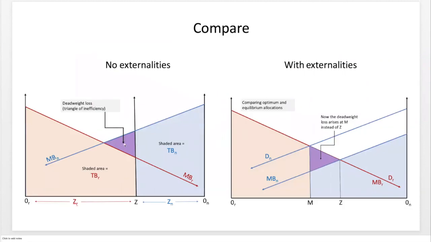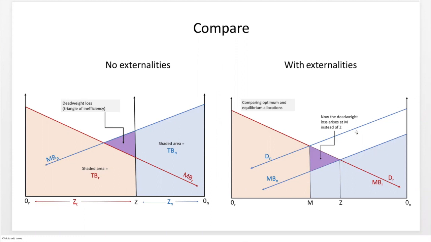So again, in the first example where there were no externalities, the zoning allocation failed to help us realize the net benefits that could be achieved by having more non-residential use. But in fact, there is a market failure: the marginal benefit curve from non-residential use lies below the market demand curve.